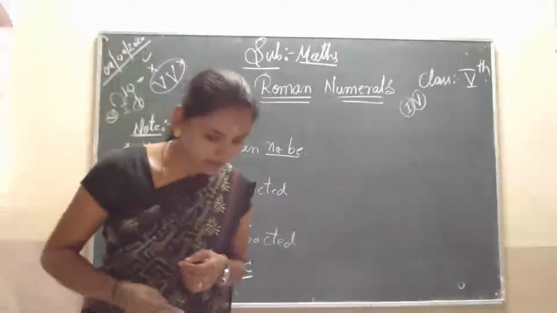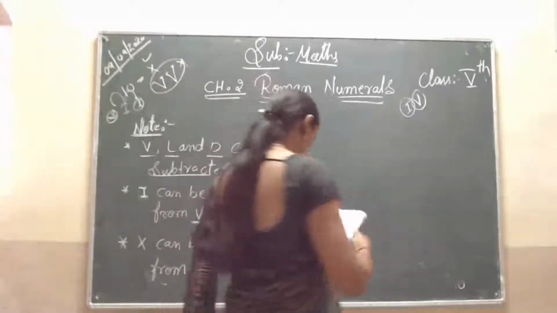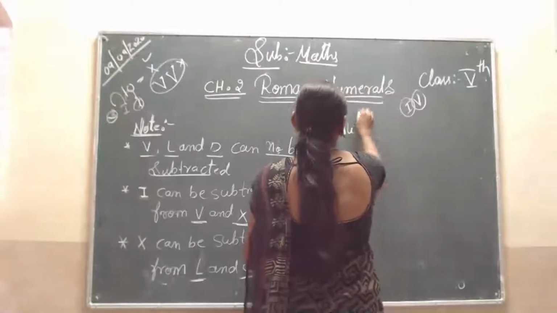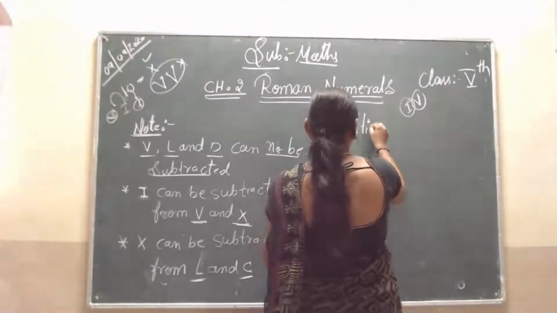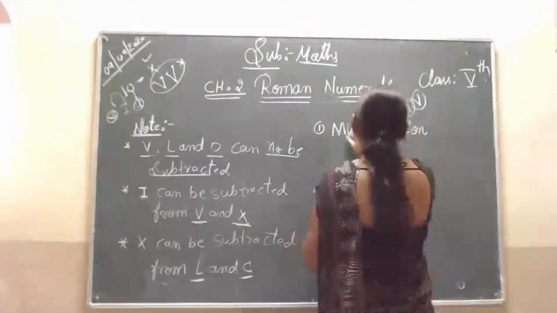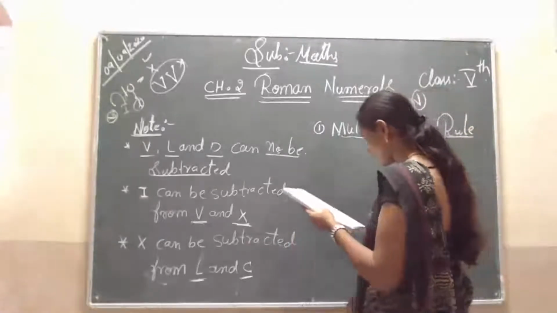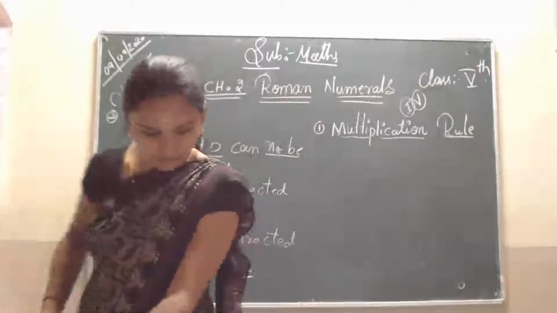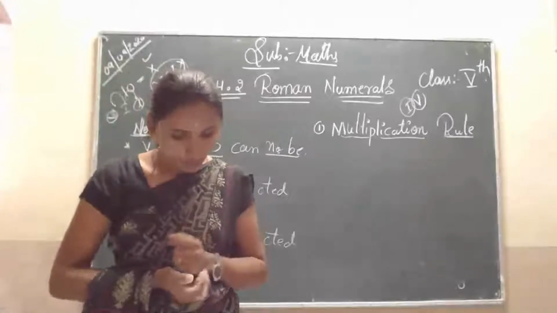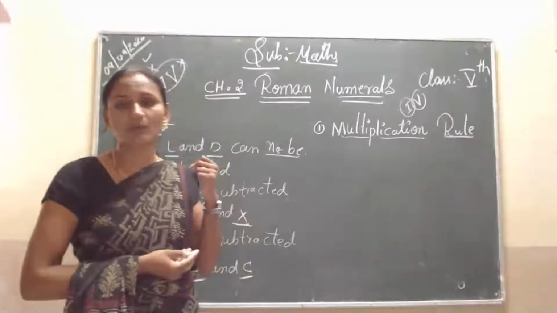The rule of multiplication means that if a symbol is repeated, the value of the numeral is obtained by multiplying the value of the symbol by the number of times it is repeated.